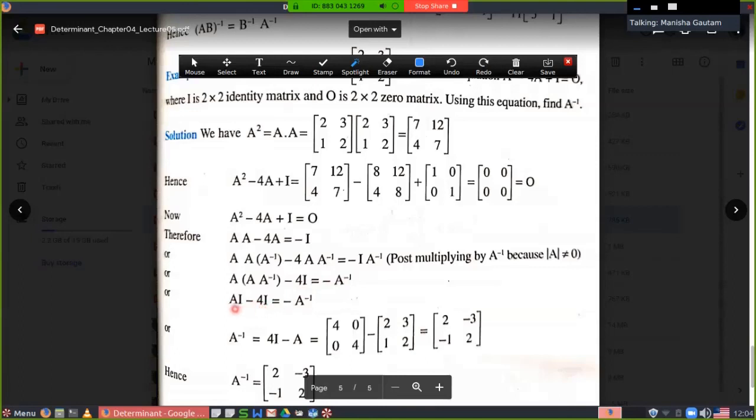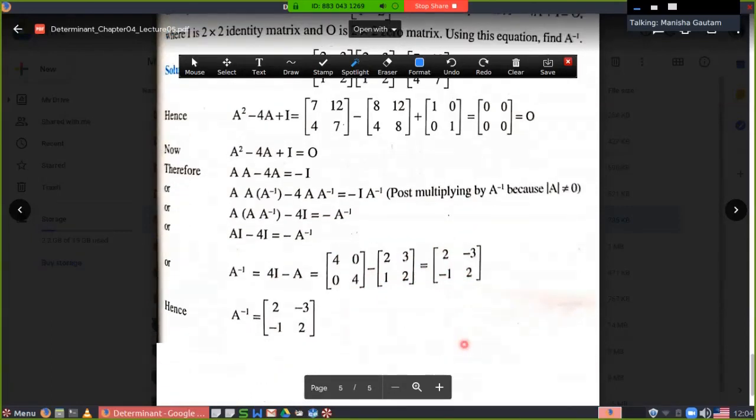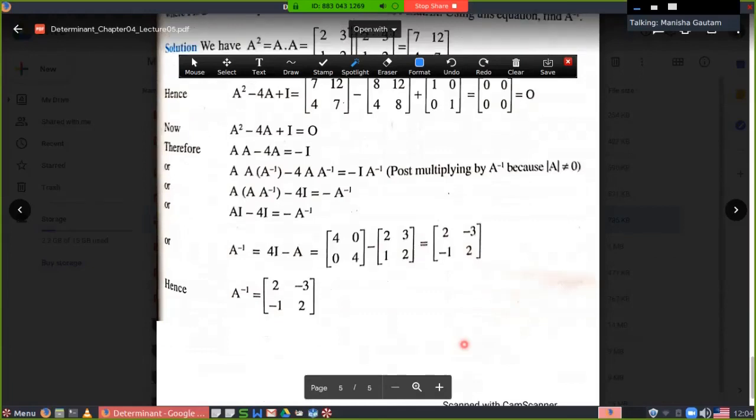Now what you have to do? Just put here A, and 4 into I. It becomes 4 0 0 4 minus 2 3 1 2, simplified: 4 minus 2 is 2, 0 minus 3 is minus 3, 0 minus 1 is minus 1, 4 minus 2 is 2. Now, this is a way to get the inverse by using equations.